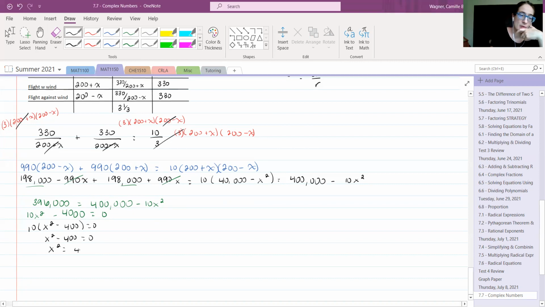X squared is equal to 400. Now I'm going to square root both sides. Don't forget your plus or minus. X is equal to, so the square root of 400 would be 20. But it wouldn't make any sense for it to be a negative 20. So let me just check that this is your answer, but that should be the speed of the wind there for you.